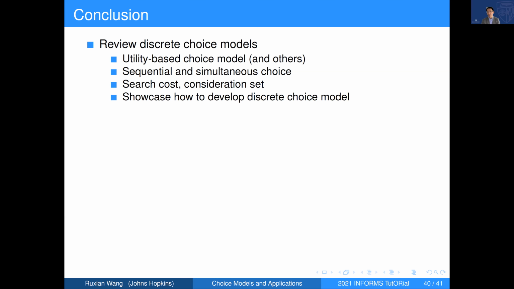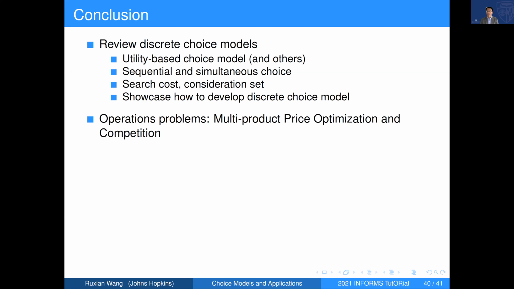And we also showcased how to develop new discrete choice models, which is very important, especially when you want to incorporate new features into existing choice models to study the impact of the new feature on consumer choice behavior and what's the impact on the firm's operations decisions, and how to calibrate the new feature by using real data in different data structures. We considered operations problems, the multi-product price optimization and the competition.